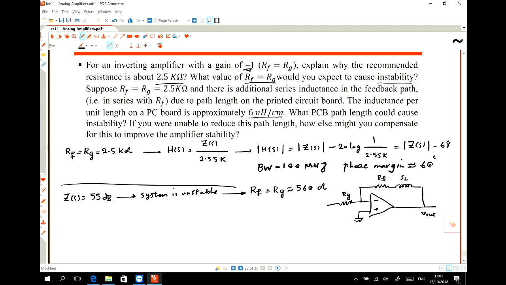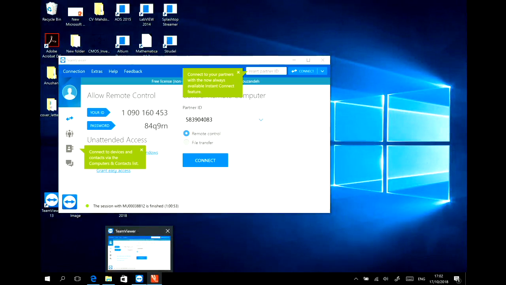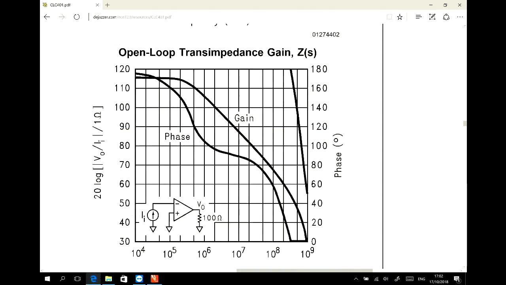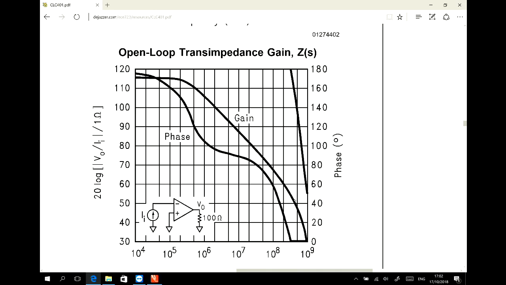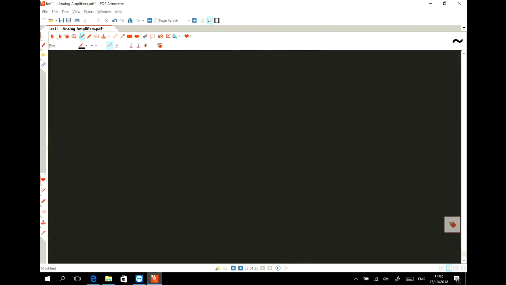So when we are at 2.5K, we are here. If we want to be unstable, then we have to move from 68 dB to 55 dB. Okay? So this is what we just found.